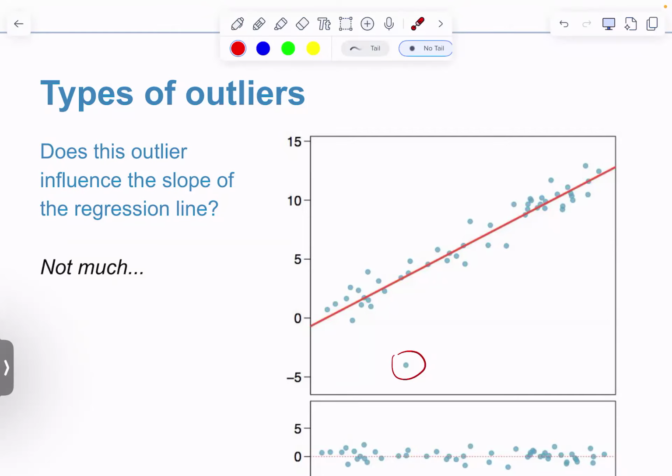If I imagine my line without this point, I would expect the line to be basically the same. So in this scenario, I would personally keep this outlier in, because it doesn't really change the line that much, and it might provide some valuable information.